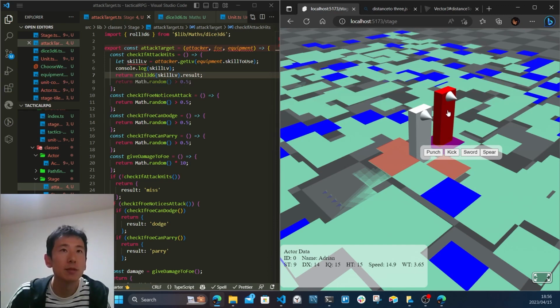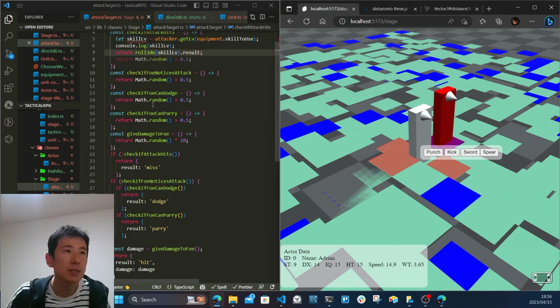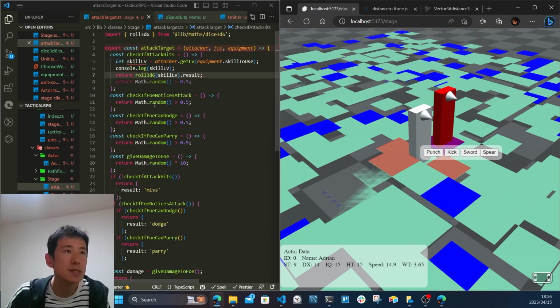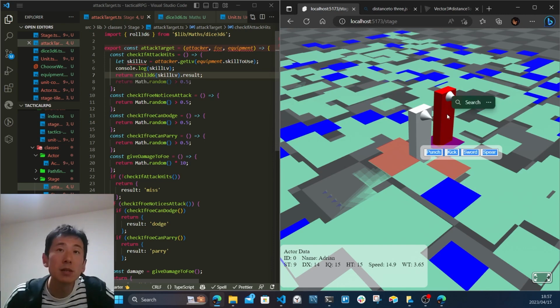Let's do it again. That's another miss? Really? Skill level 14, still you get a miss? Another miss. Why do you keep missing? It's hit now, but it's completely missed. Dodge, miss. It's almost always a miss.